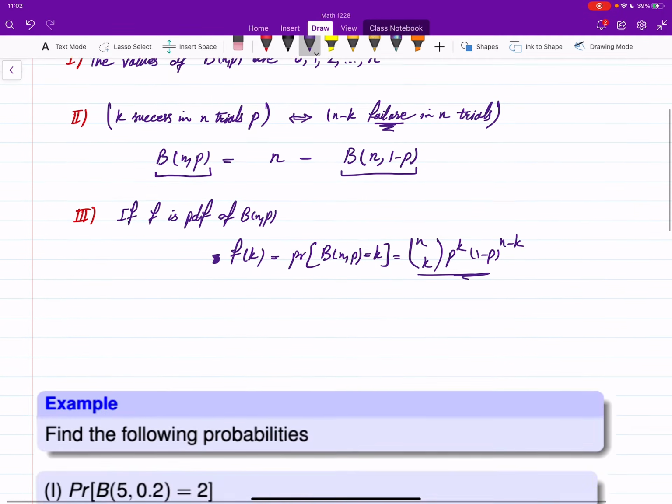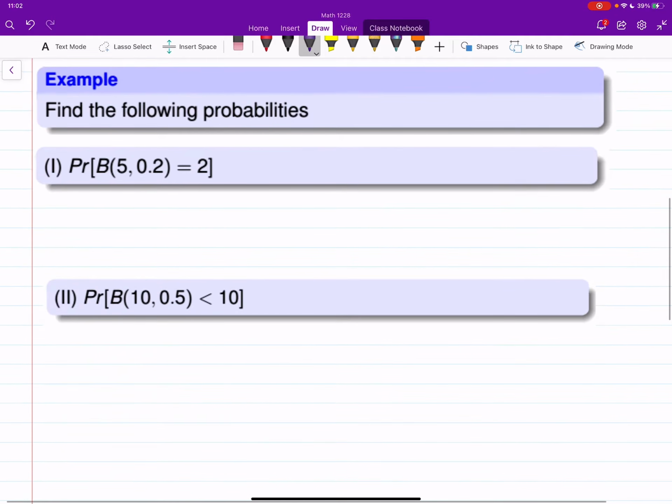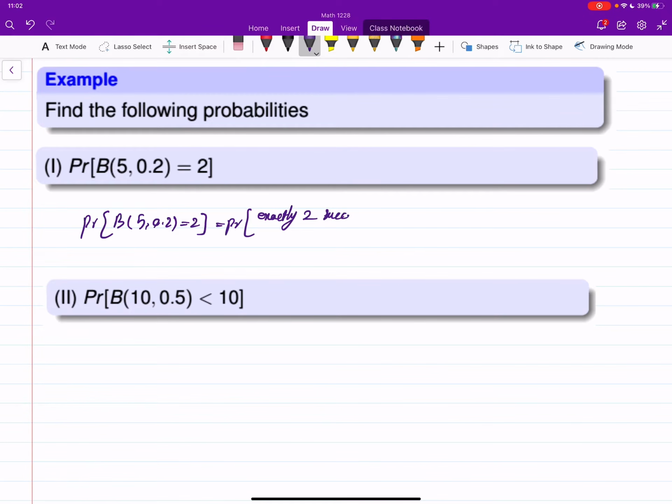Okay, let's do some examples here. Find the following probabilities. Probability of B(5,0.2) being equal to 2. It means that we are looking for, let me just write it here, the probability of exactly 2 successes out of 5 trials. And this is what?